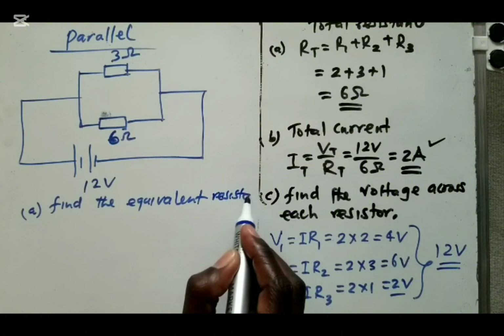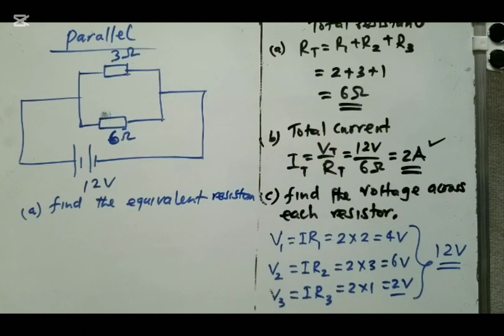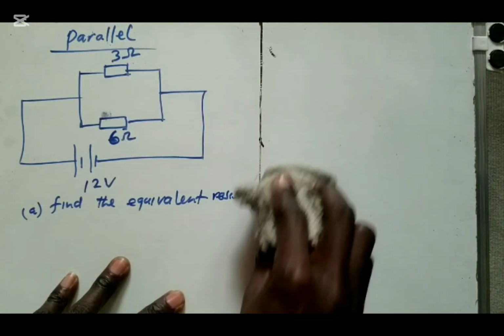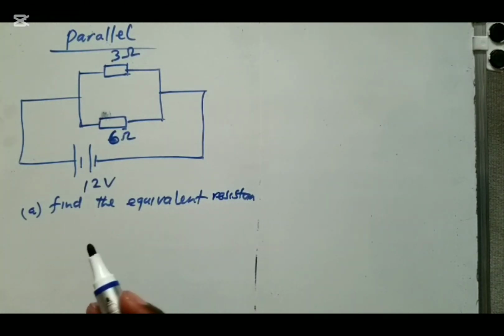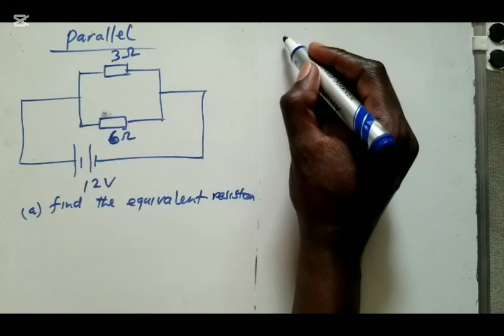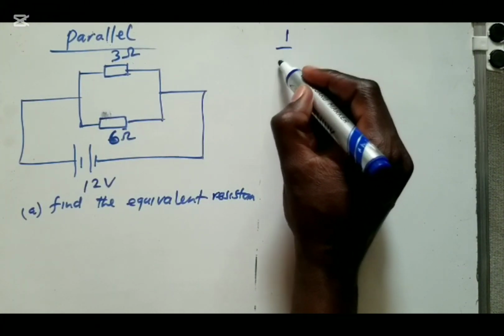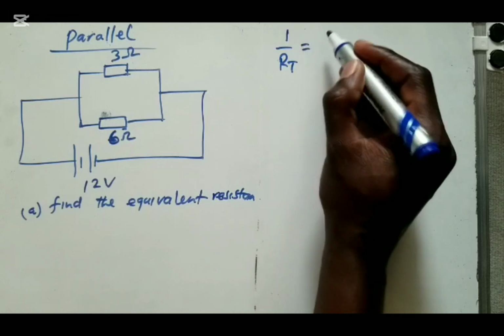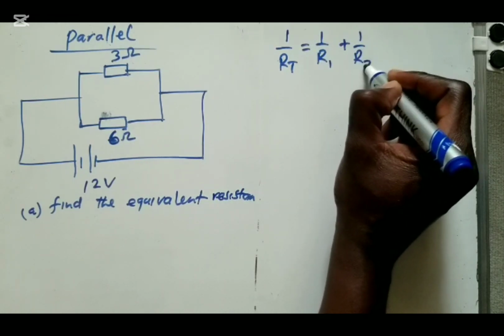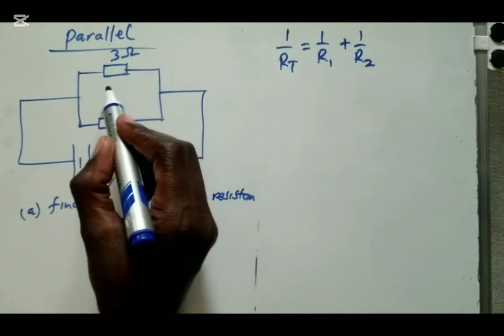If they tell you to find the equivalent resistance, they mean you find the total resistance in that circuit. Of course, you can use, in layman's language, 1 over R total is equal to 1 over R1 plus 1 over R2, because there are only 2 resistors.